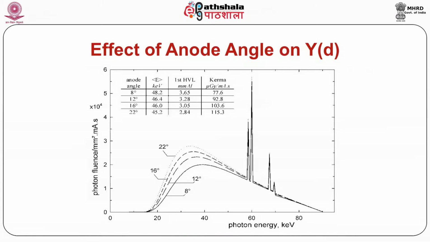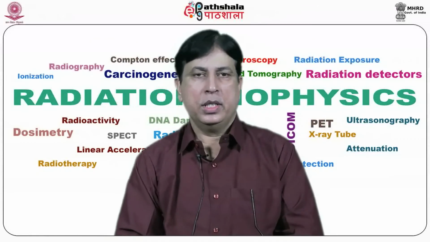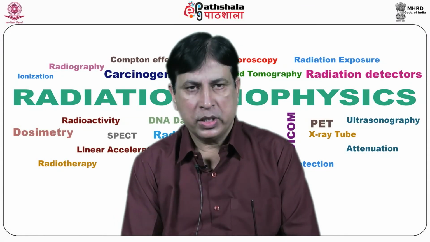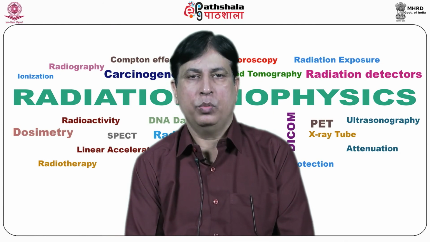The effect of added filters on an X-ray spectrum, that is 90 kV with 3.4% ripple, has been shown in the figure. As can be seen from this figure, increasing filtration causes a spectral hardening and reduction in tube output. So now we will see the effect of collimation on the X-ray tube output.